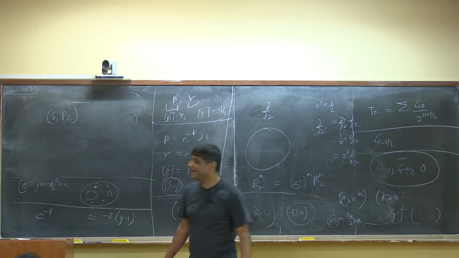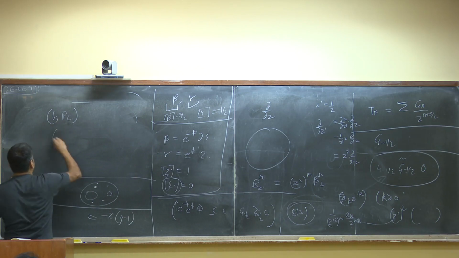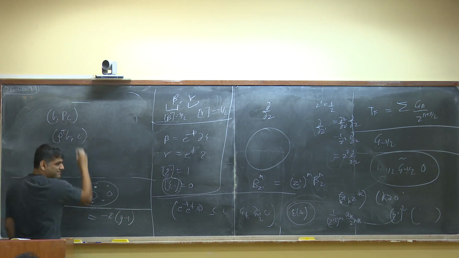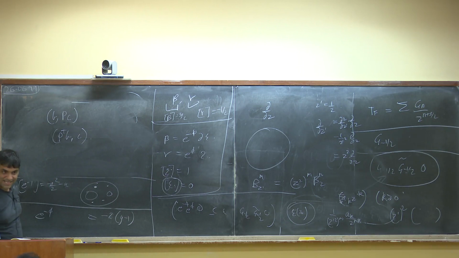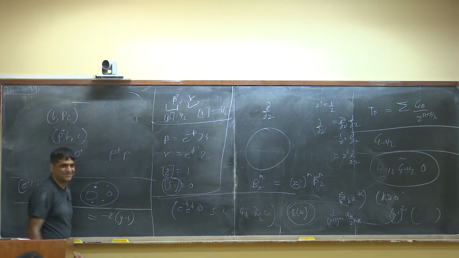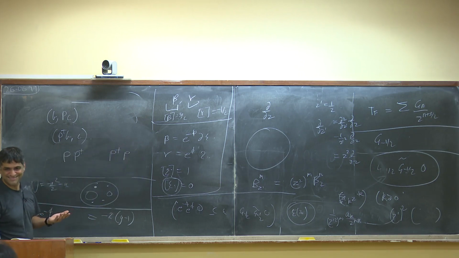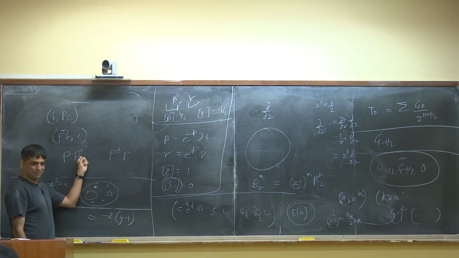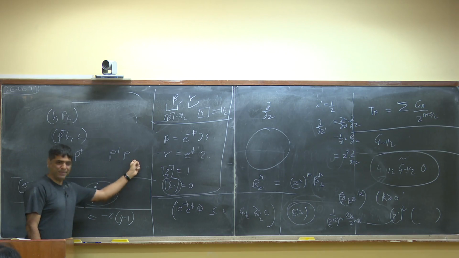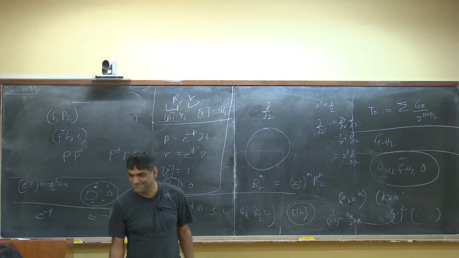But this could also have been written as P dagger B times C, more or less by definition. Then we looked at the operator P dagger P, which was now a square operator, and we diagonalized that. You remember that P dagger P had the same spectrum as P P dagger, apart from the zero modes. The zero modes of P dagger were zero modes of one operator, the zero modes of P were the zero modes of the other. Other than that, they had exactly the same spectrum.